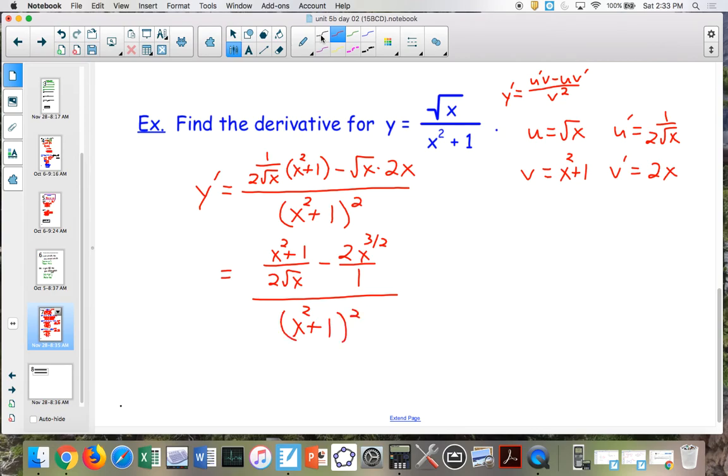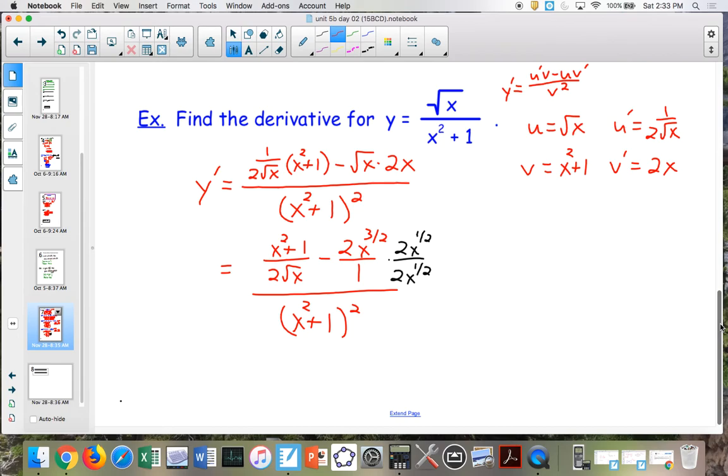Now, I'm going to have to get a common denominator, I guess, so I need to multiply this by 2 root x, or 2x to the 1/2. So that's going to simplify.